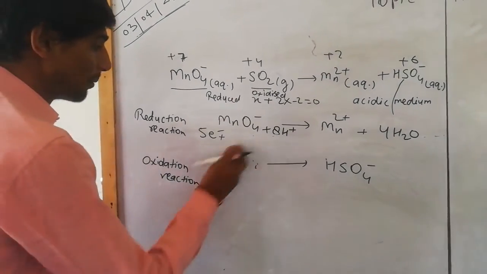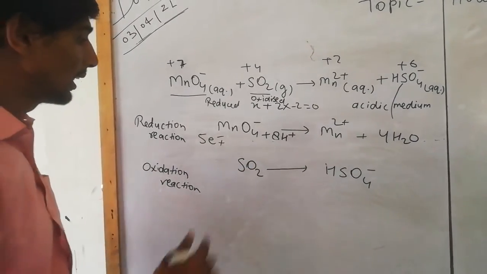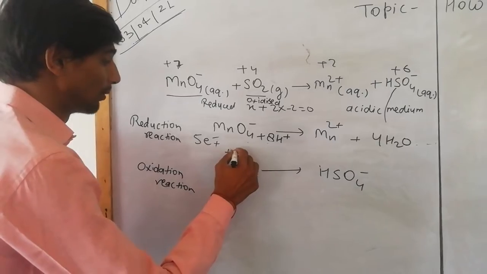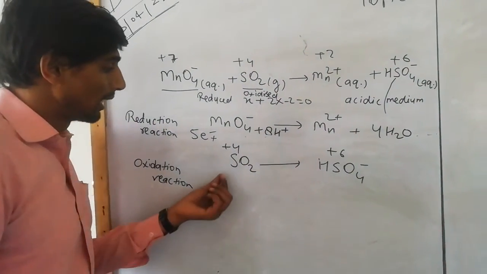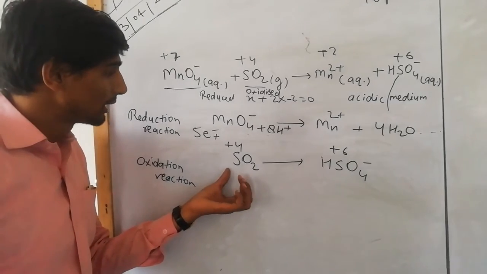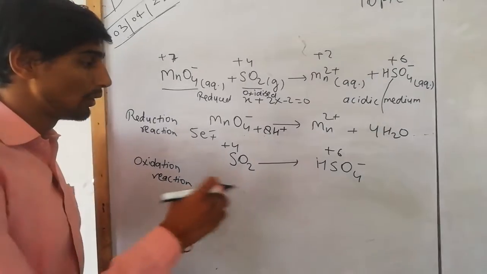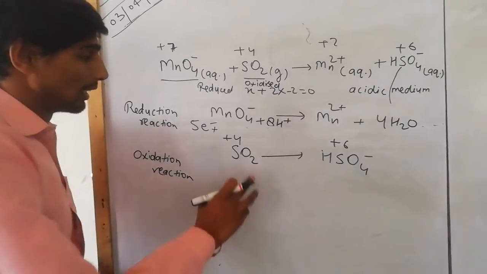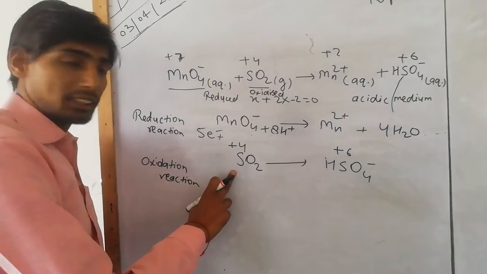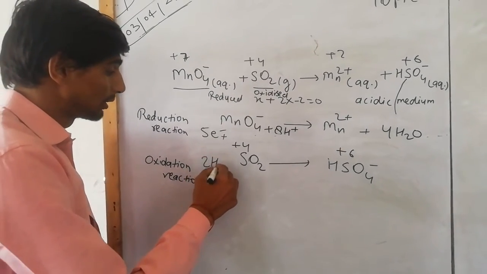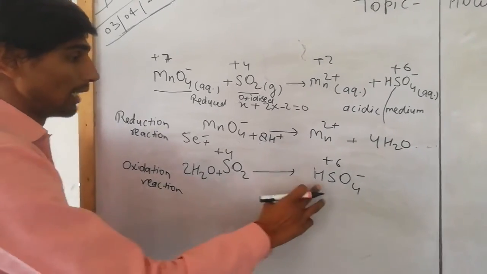Now we balance the oxidation reaction. Here the oxidation number of sulfur is 4 and then 6. The element whose oxidation number is changing is sulfur, and sulfur is balanced on both sides. So we balance oxygen first. Here 2 oxygen, here 4 oxygen. 2 oxygen is less, so we add 2 water molecules. Now we see 4 hydrogen and 1 hydrogen.